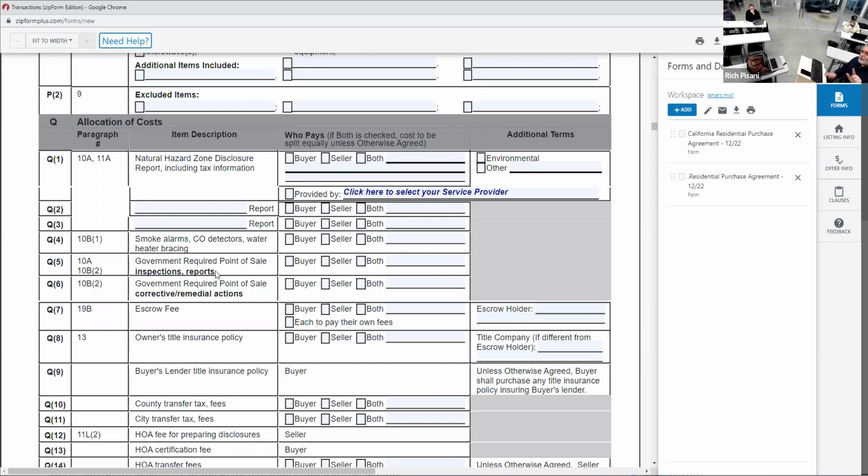I'm going to tell you a story about reports. There was an agent in one of my offices who was selling in an area, the city of Bell, that they weren't familiar with. Bell has a pre-inspection report that needs to be done. On the counter, the seller removed this item from the contract.